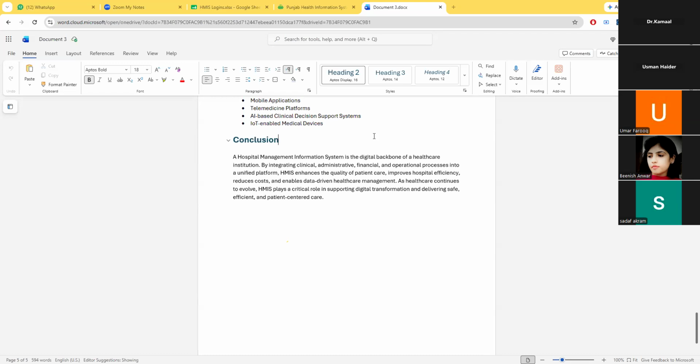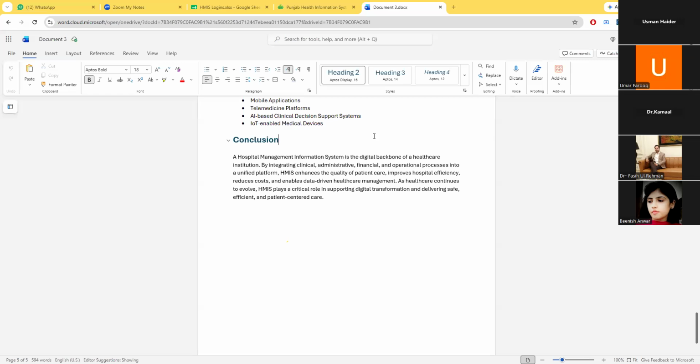In our system, we have given both online and offline facilities. If there is no internet, you can still use the system, so there is no effect on hospital operations. When the internet is back, all the data is synced to the centralized system. I hope they will adopt that as well. Their representative is not in this meeting, so they can give you their point of view.